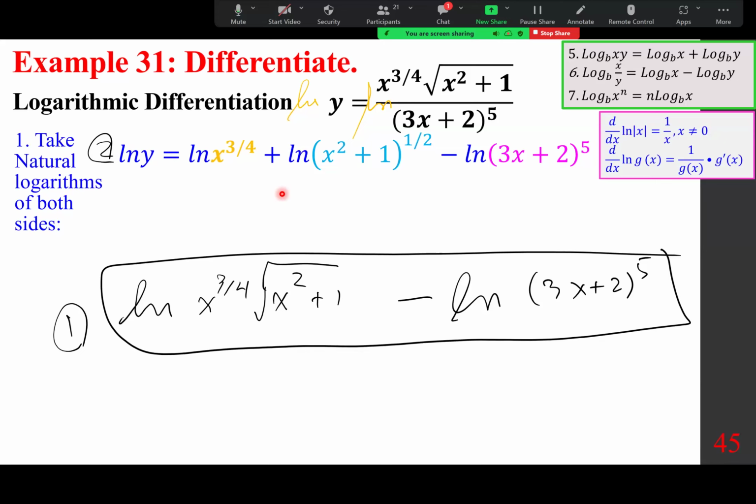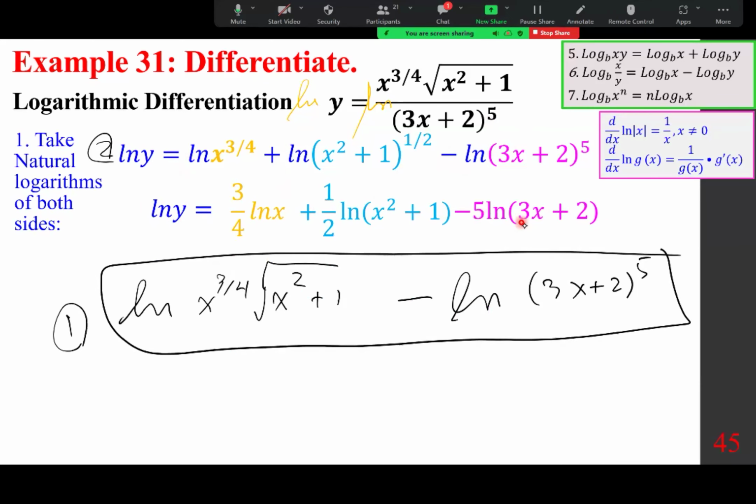So what happens here? 3/4 sits in front. What happens here? 1/2 sits in front. What happens here? 5 sits in front. Now, this one, and this one, which means now we are done with decomposing the log completely.